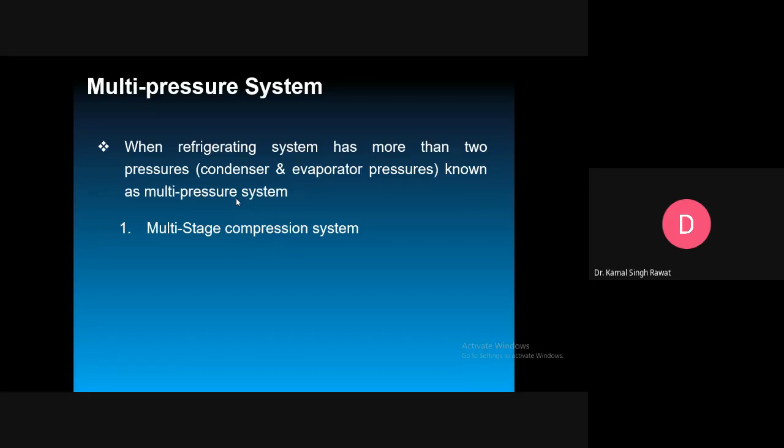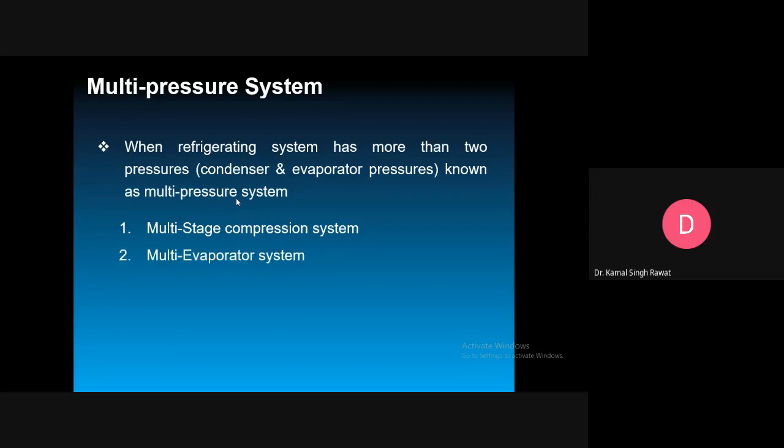In this system we have more than one compressor. First we compress to an intermediate pressure, then we compress up to the condenser pressure. So we do the compression in stages.